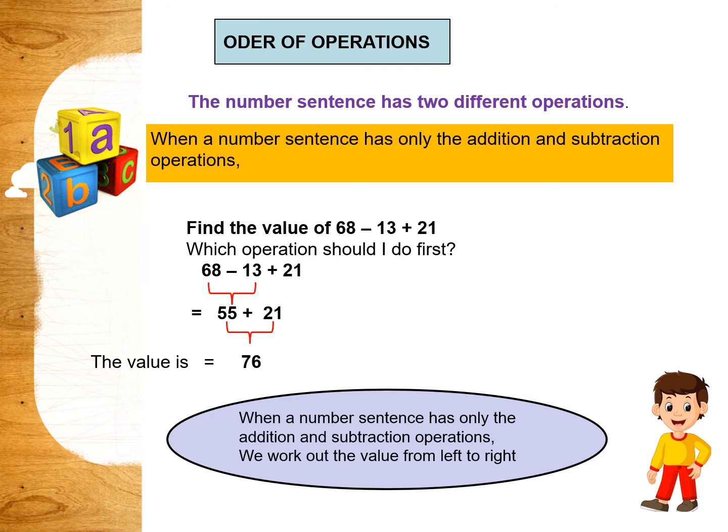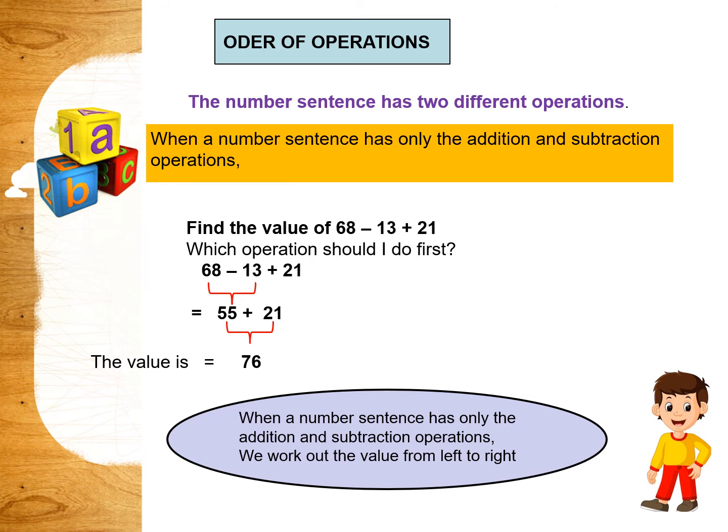Which operation should I do first? When a number sentence has only addition and subtraction operations, we work out the value from left to right. First we solve 68 subtract 13.